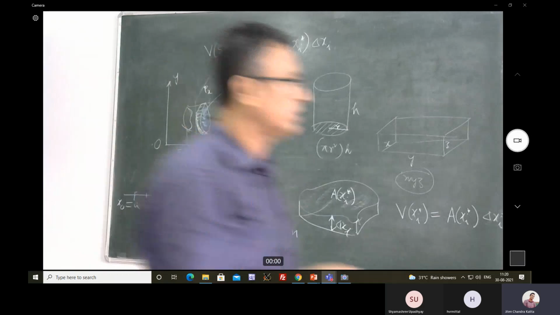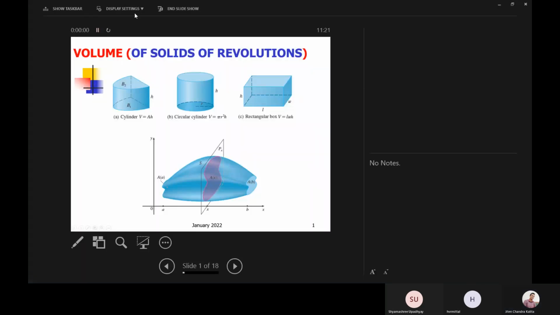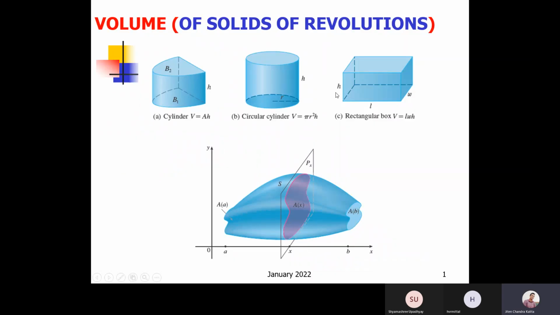Okay, so now let me quickly browse through my slides. So this is what I was talking about. These are some solids which have beautiful shapes, and the volume can be easily worked out. But you are not going to get that kind of situation every time. And this is the situation that I told you.